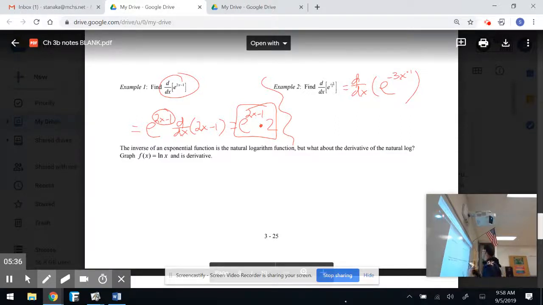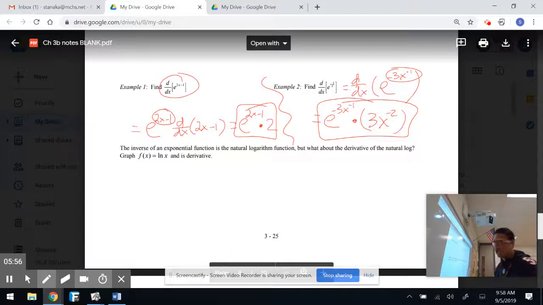All right, so let's go ahead and take the derivative of that boy. It's an e, it's an inside. I'm not going to touch the inside. So the derivative of e to the something is we just rewrite it. But then I have to take the derivative of that inside, which would be a power rule. Drop that negative 1. I get 3x to the negative 2. Booyah, problem done. Could I simplify and make that a little bit prettier? Sure, I could.